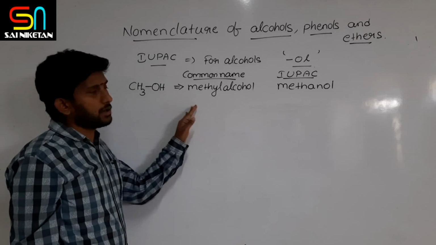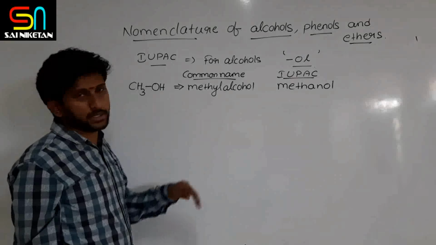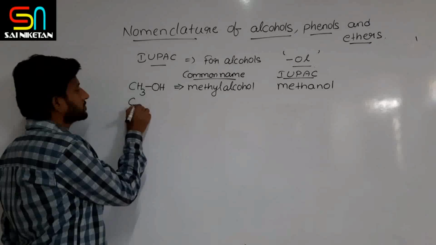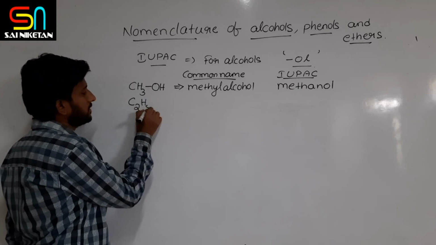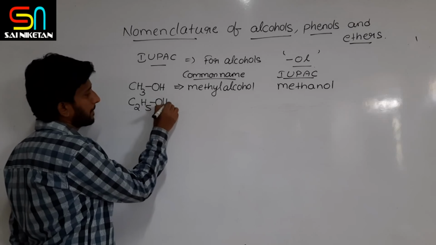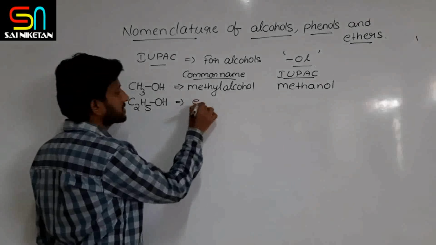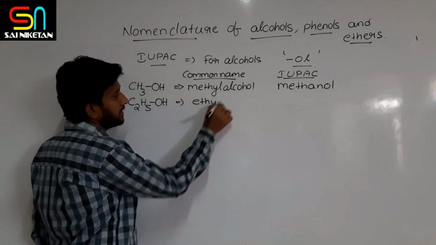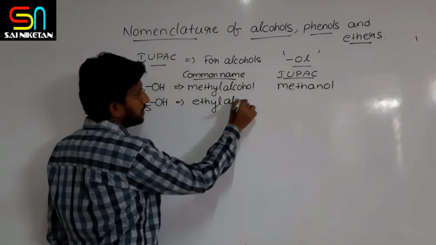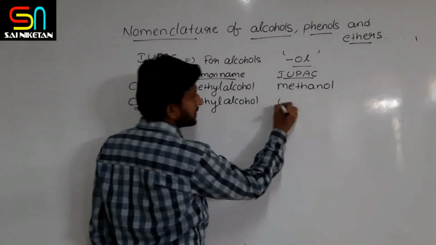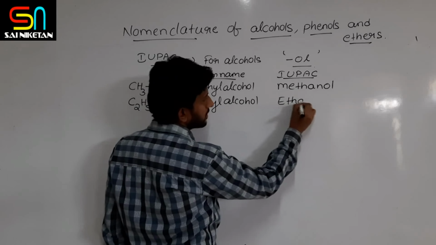So methyl alcohol is common name, IUPAC name is methanol. Similarly, C2H5OH. You know the common name is ethyl alcohol, right? And IUPAC name is ethanol.